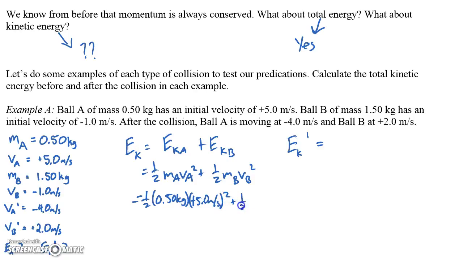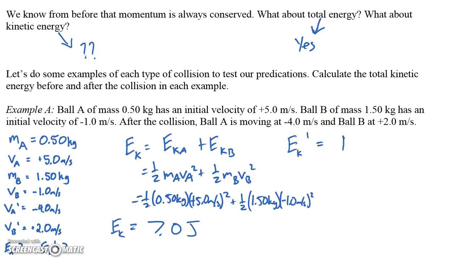Don't forget to square the velocity. It's going to be easy to forget that doing all these calculations. And if you calculate that, you will actually end up with a nice, convenient, completely unplanned round answer of 7.0 joules. Okay. Now, what about the kinetic energy after?